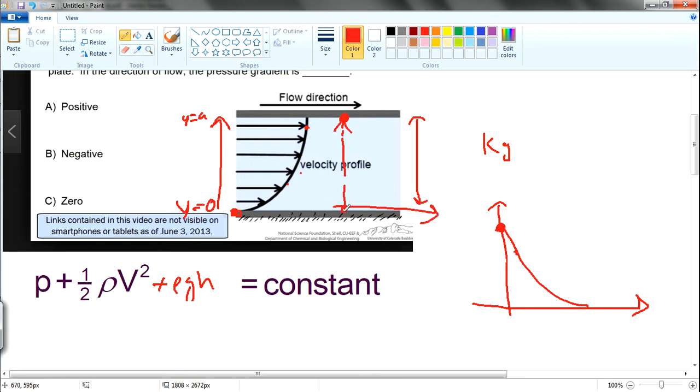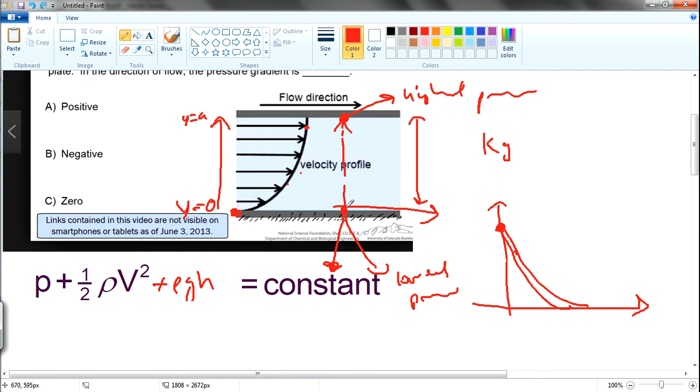At this point, this one should be the lowest pressure, because this is the highest pressure point. So this is the next condition I'm talking about, which is a positive pressure gradient. Just now I talked about the negative pressure gradient, going down. Now I talk about the positive one.